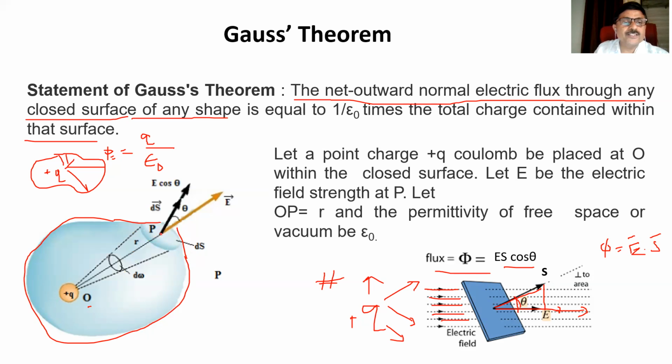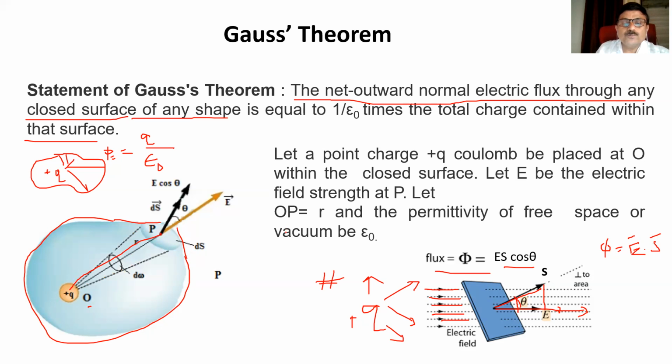So if you consider any charge at this point P, then the electric field is nothing but the force acting per unit charge. That definition we have discussed. So let the distance OP be equal to r. Suppose the distance OP is equal to r, and the permittivity of free space, let it be epsilon 0.